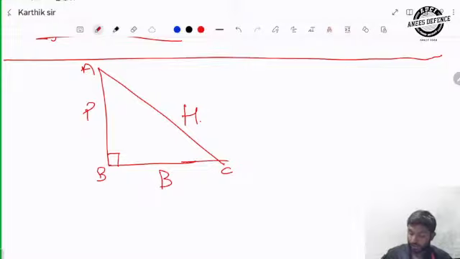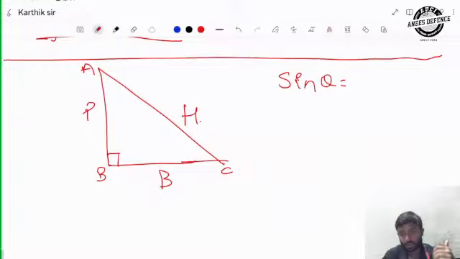This is very easy, everyone knows this. The six ratios are sine theta, cos theta, tan theta, cot theta, sec theta, and cosec theta.